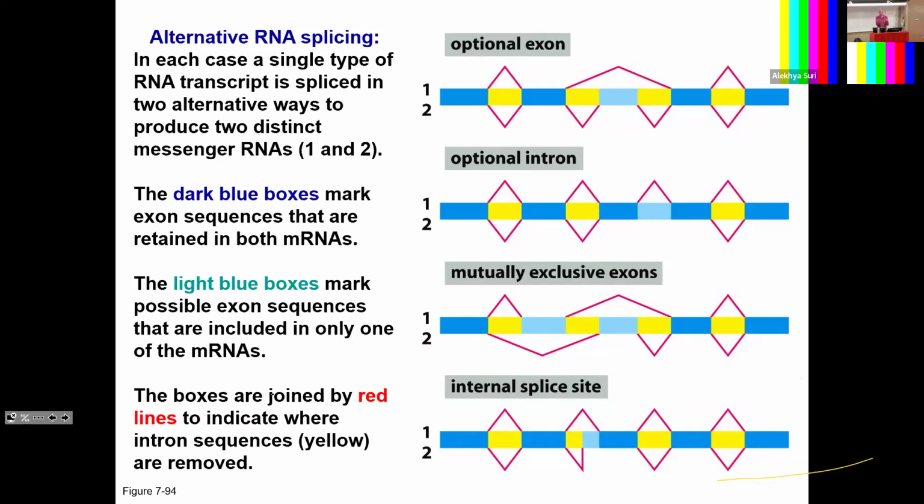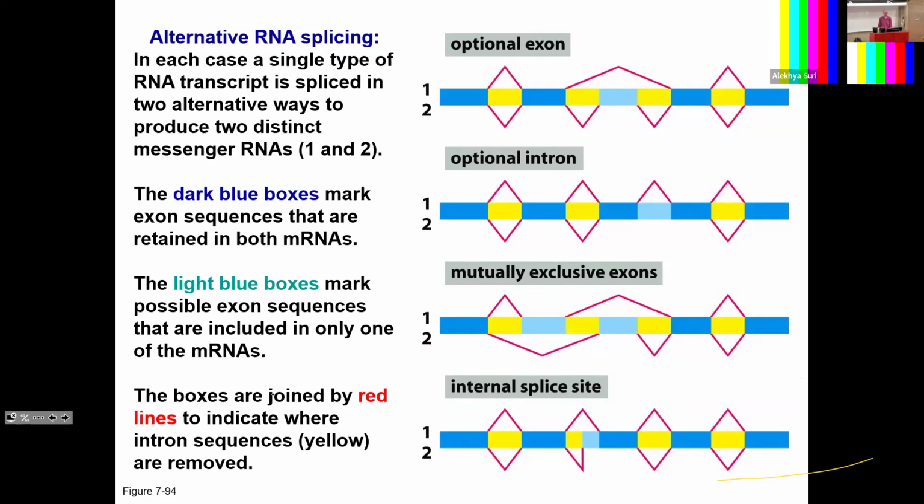When you think about the human genome, I think there are about 20,000 genes, but from one gene you could make a whole variety of different proteins. So different subspecies could change, and they could be different in different tissues, for example.